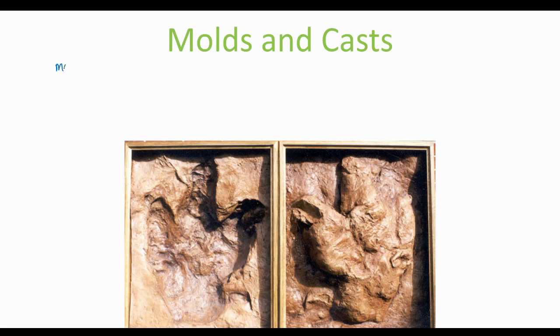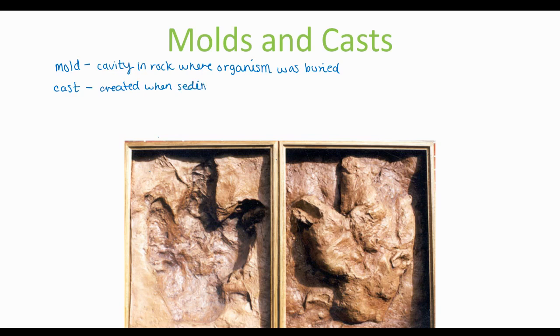So a mold is going to be the cavity in the rock where the organism was buried. And then the cast is going to be created when sediment fills in the mold space.